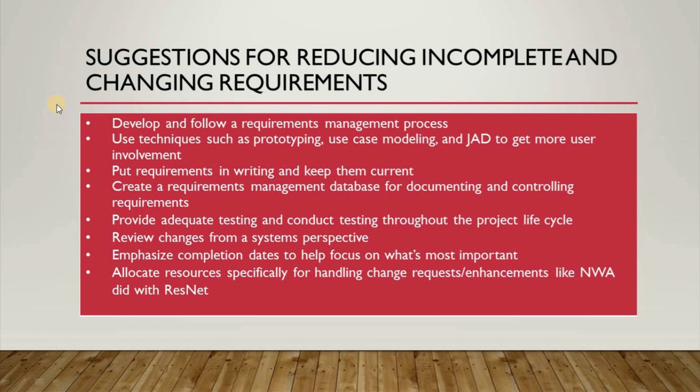Provide adequate testing and conduct testing throughout the project lifecycle. Review changes from a system perspective. Emphasize completion dates to help focus on what's most important. Allocate resources especially for handling change requests and enhancements, like NWA did with ResNet.